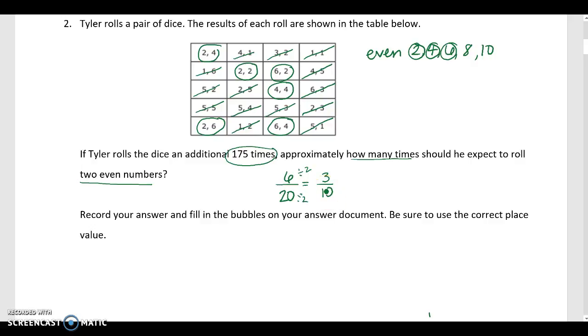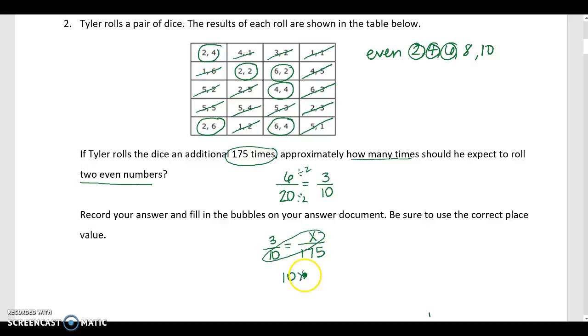So now that we know our probability is 3 over 10, we are trying to see how many out of 175. So we're making a prediction. So 3 over 10 equals x over our new total, 175. Going to go ahead and do our cross product.